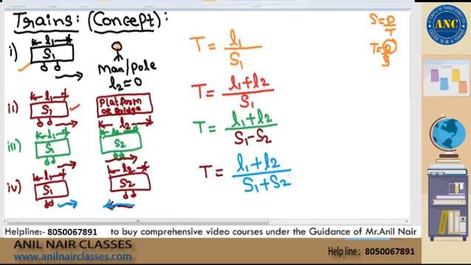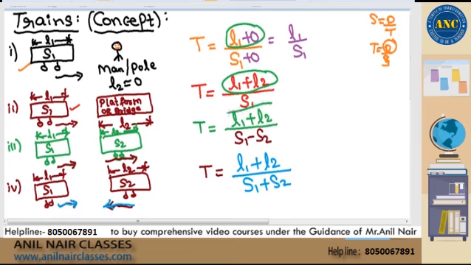Again I am repeating: the first case is a scenario where a train is crossing a platform, a man or a pole. Length is 0 for that. So it is L1 plus 0 and S1 plus 0, because there is no different length for the second person and the second person is not moving, right? So L1 by S1. Please observe carefully. In every case, the numerator is L1 plus L2 itself.